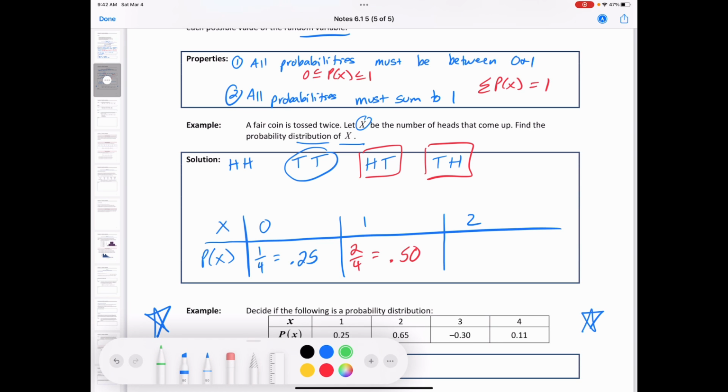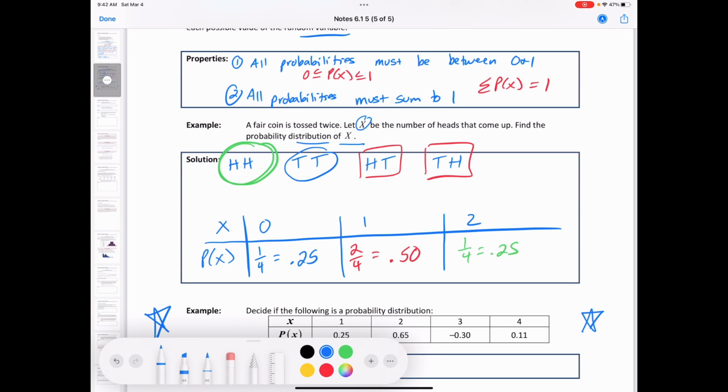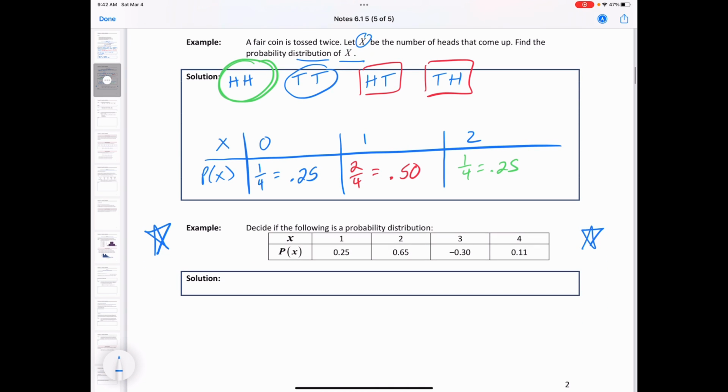And the chance of getting 2 heads would be 1 out of 4 or 0.25. And if you look at them, 1/4 plus 2/4 plus 1/4 is 4/4, which is 1. 0.25 plus 0.50 plus 0.25 is 1. They have to sum to 1, and they have to be between 0 and 1.